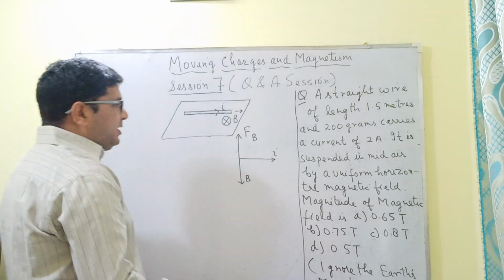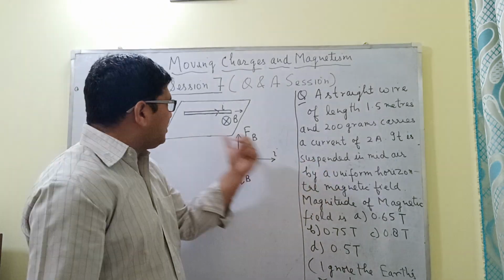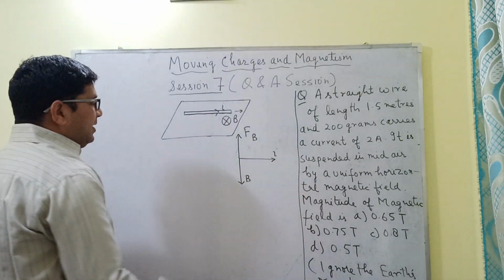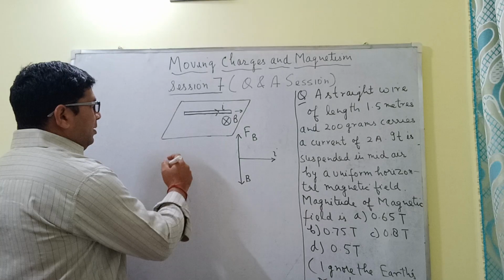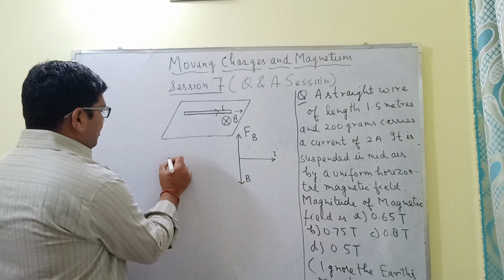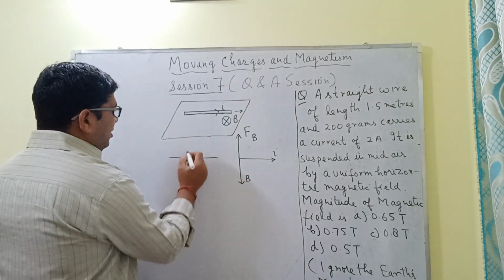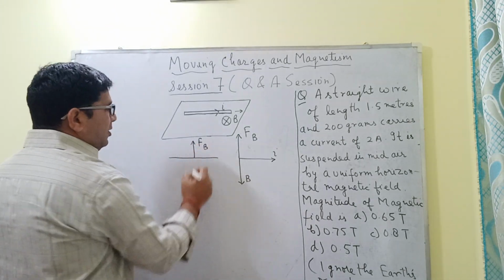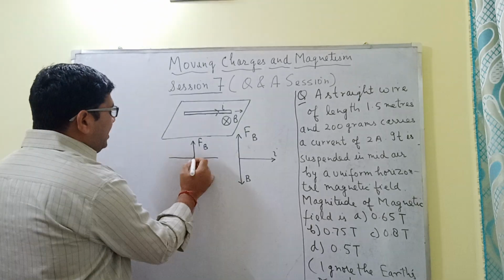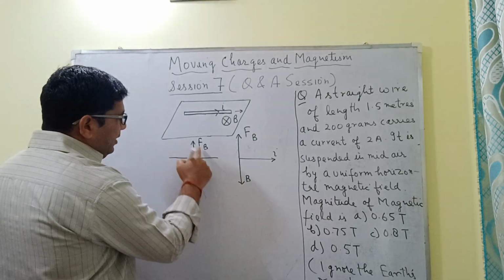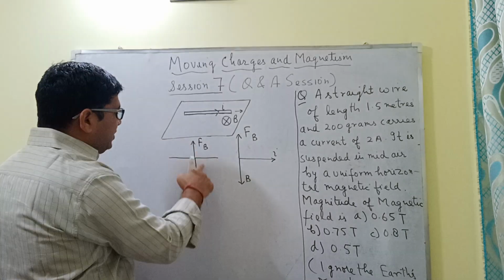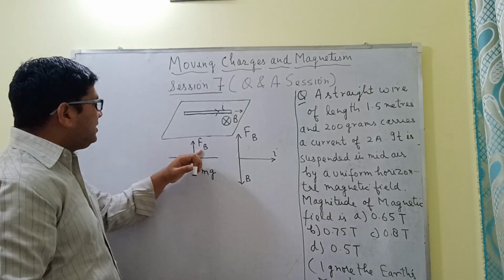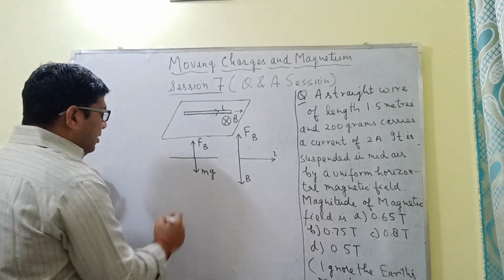Now in the question it is written that this rod is suspended in the midair by a uniform horizontal magnetic field. So this is the rod, and the magnetic force is acting in this direction. Now this will be suspended in the midair only when this magnetic force is equal to the weight of the rod. If the weight of the rod is more than the magnetic force, then it would fall down.